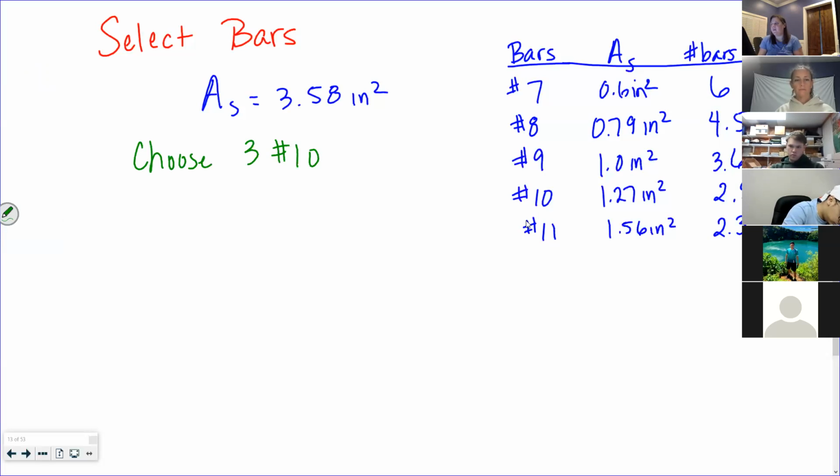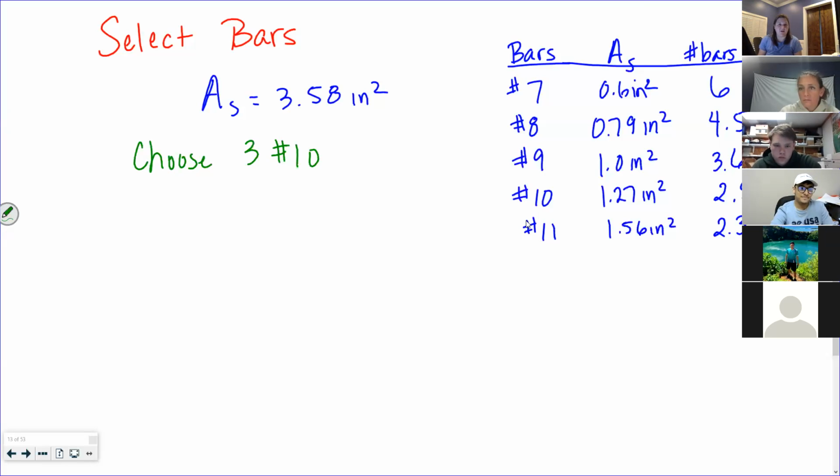Since you know your dimensions, you can't jam a bunch in there while meeting spacing requirements. 3 or 4 is usually a nice number in a layer, unless you have a super wide beam. 2 to 4 is usually what you put in a layer, but on an exam, as long as you follow all the criteria, if you chose 6 number 7s, that's fine.